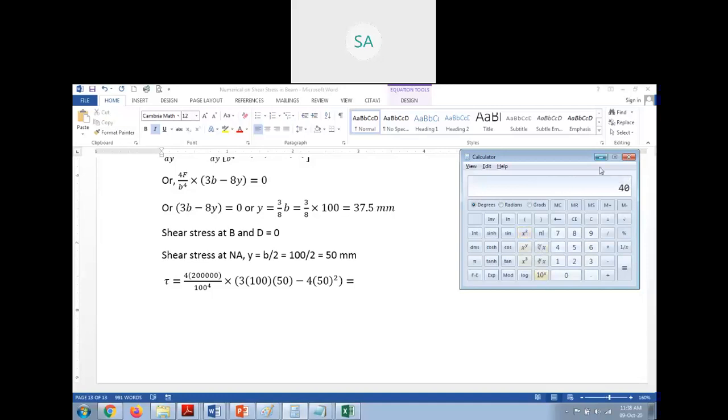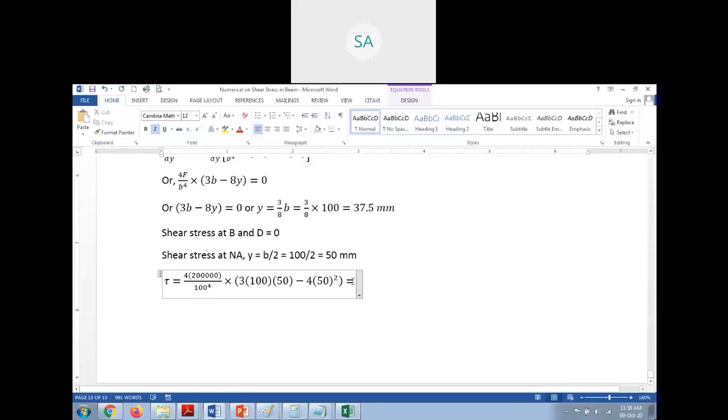So this is 40 megapascal, right? So this is at neutral axis.